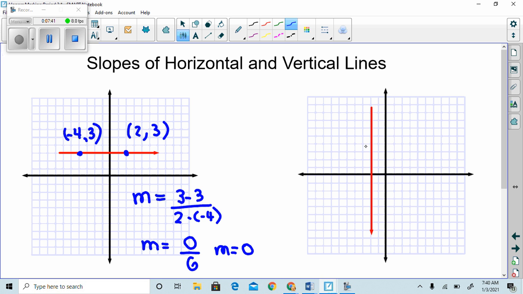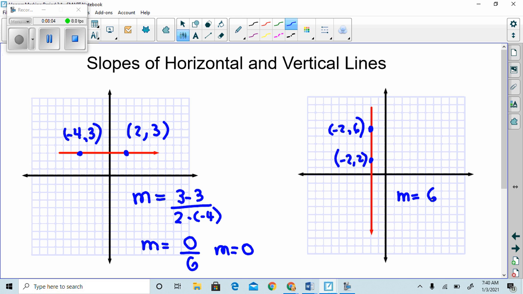Let's take a look at our next problem, and let's suppose we have these 2 points. And let's name these 2 points. It looks like this one is negative 2, 2, and this one is negative 2, 3, 4, 5, 6. Okay, so let's find our slope.